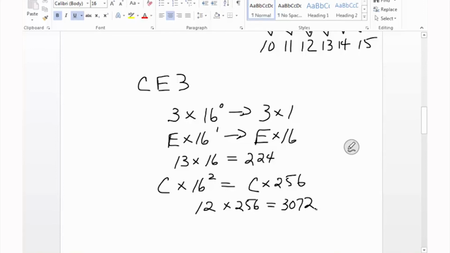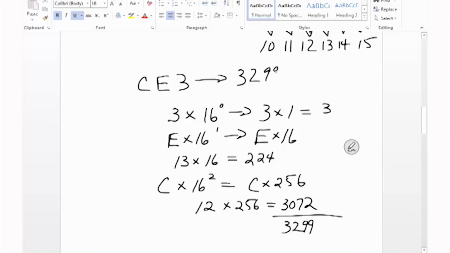Now we're simply going to add these values as we did before. So if we add our 3, our 224, and our 3,072, that gives us a value of 3,299 in decimal. So what are we saying? Well, this value here that we established initially as a hexadecimal value is equal to the decimal value 3,299.